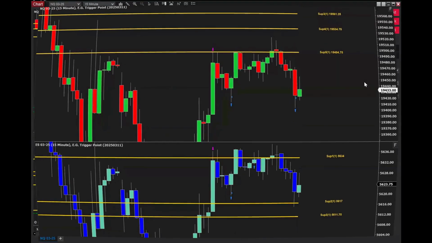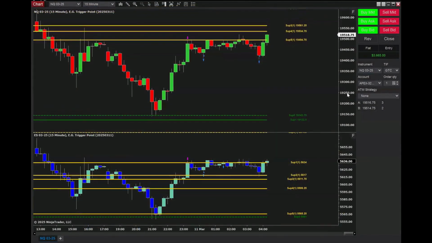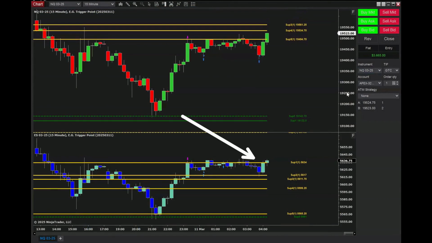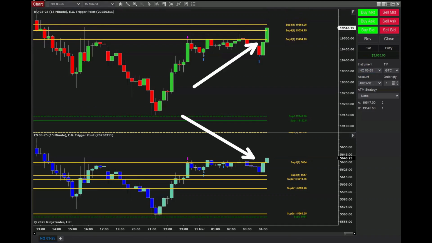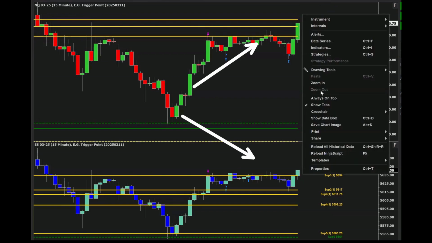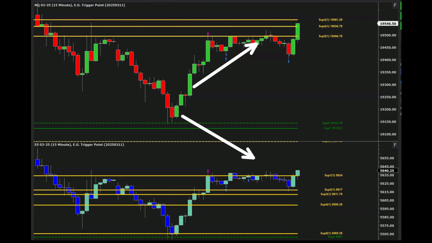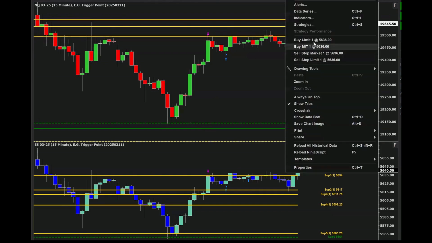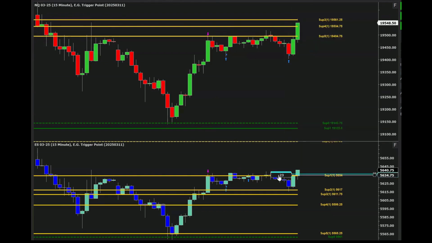Now, look at this, guys. ES broke its resistance, turned into support, probably. NQ did the same. NQ is in a narrow zone, I would say, but I'll scalp here. I'm going to place a buy limit order here of ES support level, but I'll monitor NQ and see what it does.